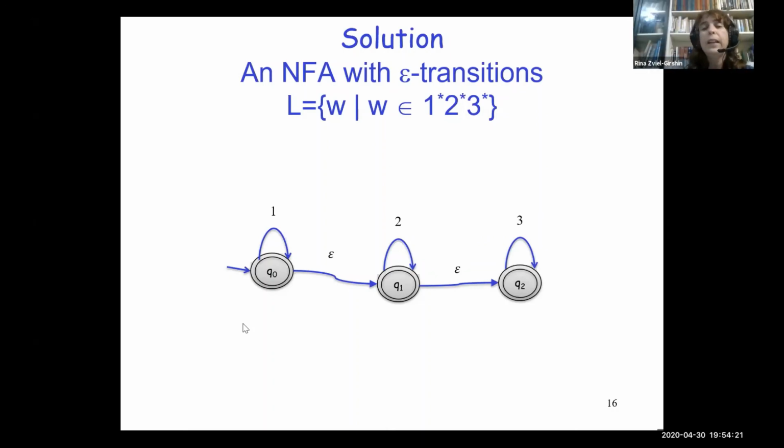So someone who has the same automaton with Q0 as a non-accepting state, it's okay. Someone who has the same automaton with Q0 and Q1 as non-accepting states, it's also okay. So basically, we finished what we were supposed to do.